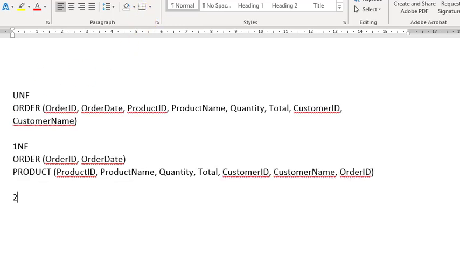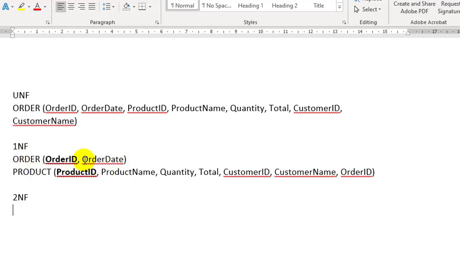Second normal form. But before that, make sure you underline the primary key. Alright. So for second normal form, you have to identify the functional or partial dependency. So we do one by one.